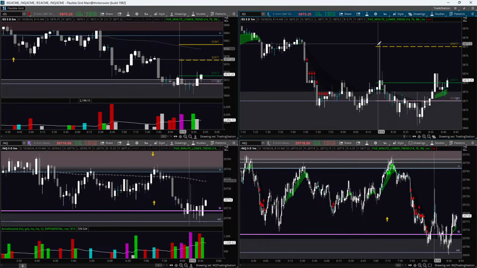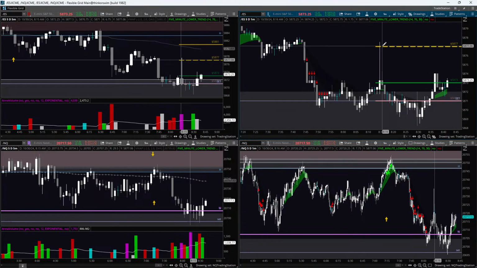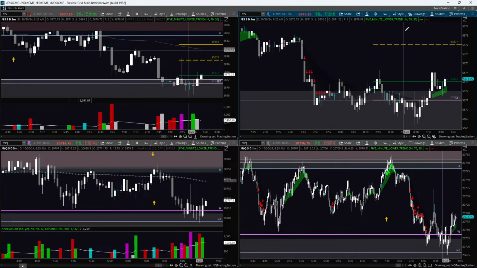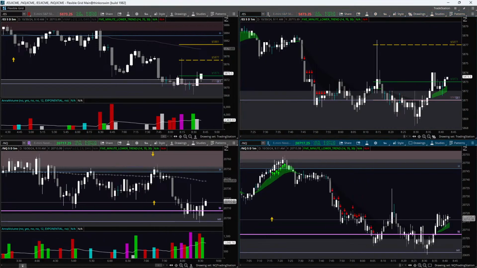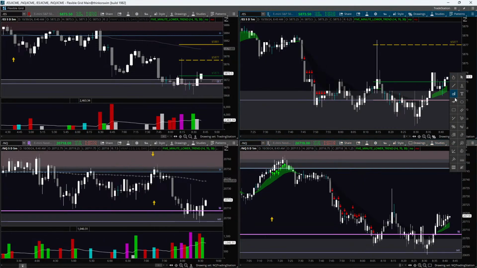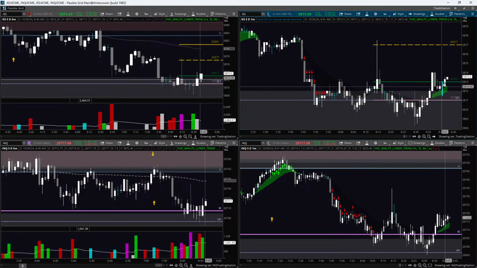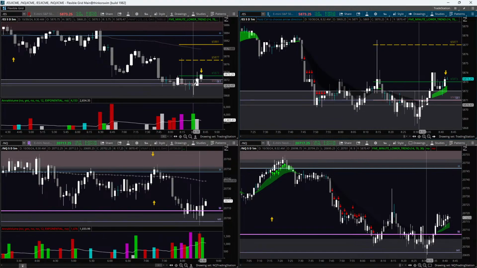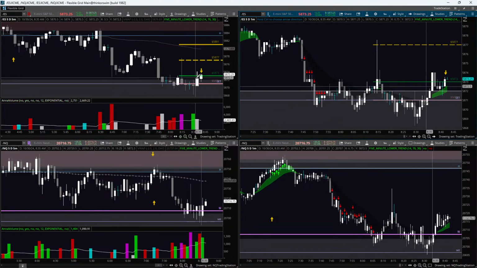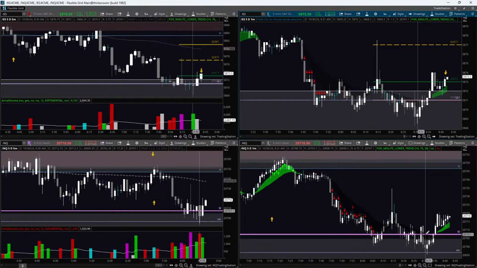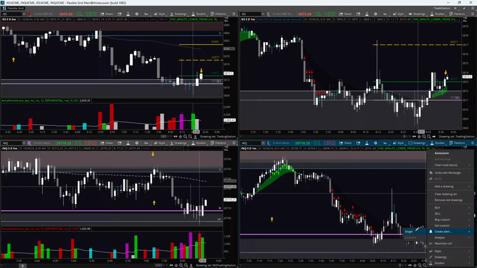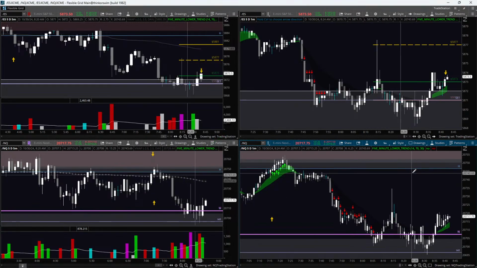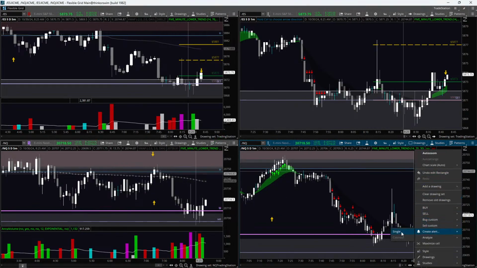So, but we're aiming for these tops here, or VWAP, because both ES and NQ are up. Should have entered that discount here at 72. So, but yeah, we're just working on following market structure.